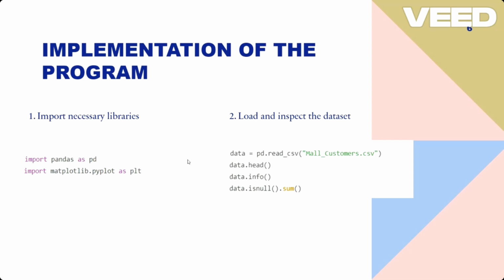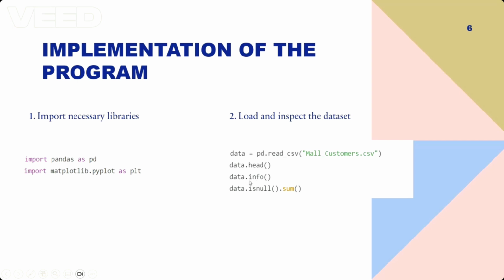Okay, then load and inspect datasets. pd.read_csv reads the CSV file. This function reads the CSV file containing mall customer data into a pandas data frame called data. data.head function displays the first 5 rows of the dataset to get a quick look at the data.